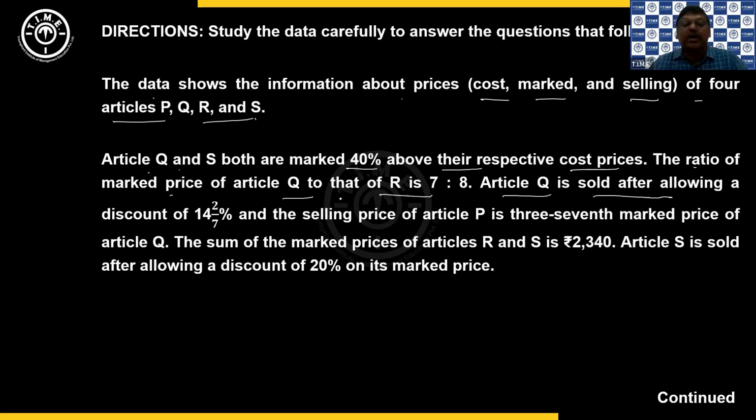Article Q is sold after allowing a discount of 14 2/7%, that is nothing but 1/7. I'm sure you know. And the selling price of article P is 3/7 of the market price of article Q. The sum of the market prices of articles R and S is 2,340, and so on. Article S is sold after discount. So based on this data, students, you have to answer the questions.